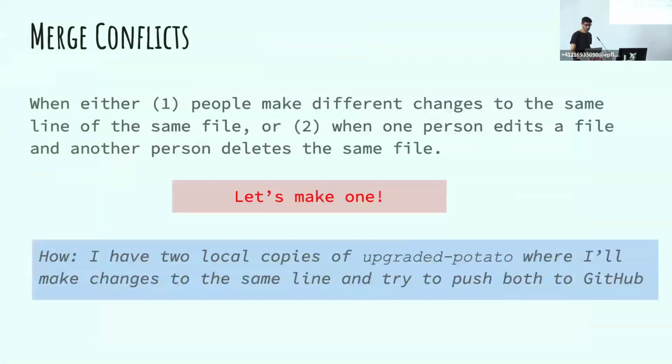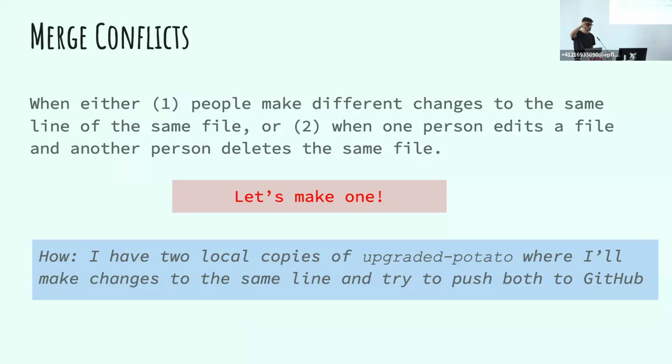Let's talk now about what happens when we're working on the same repository as multiple people. People are trying to change the same thing, and that's what leads to merge conflicts. Merge conflicts happen in two situations: either people make different changes to the same line of code, or one person edits a file while another person deletes the same file.